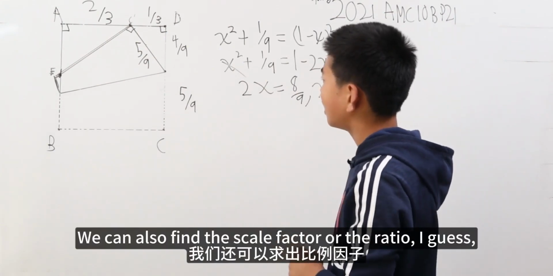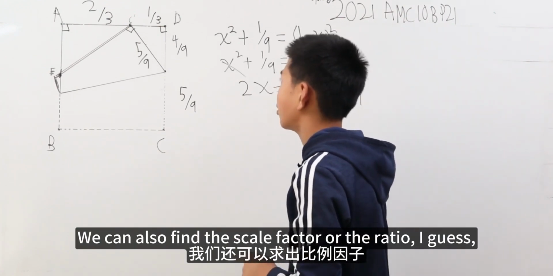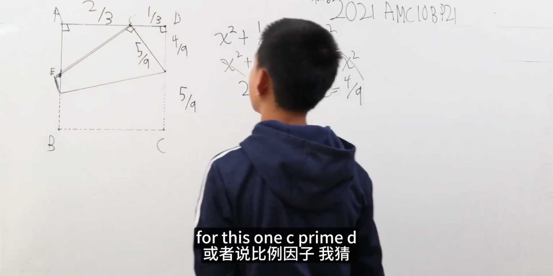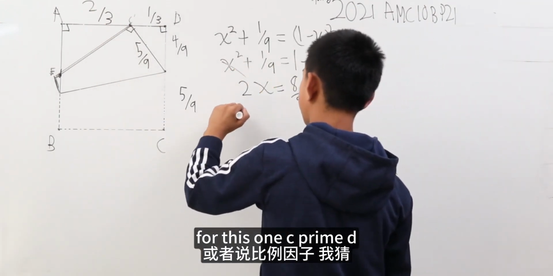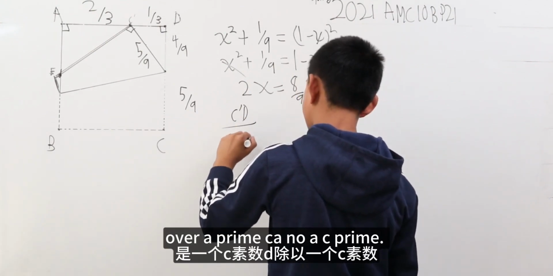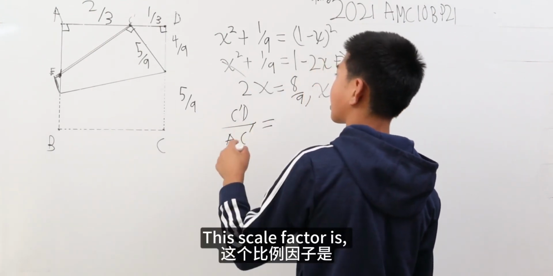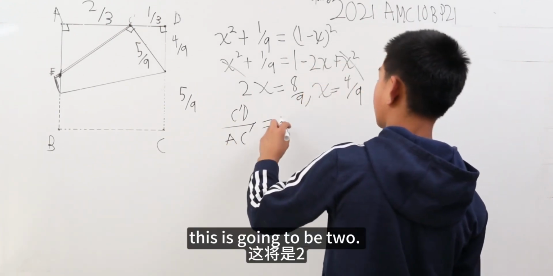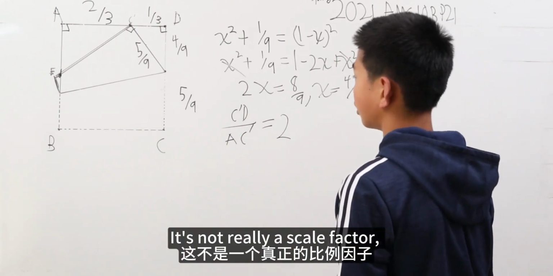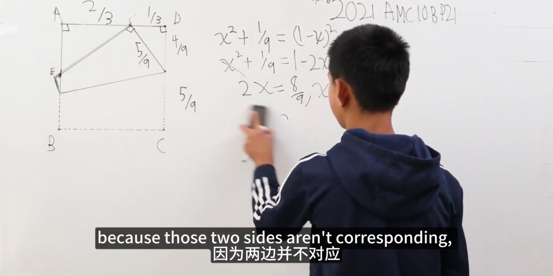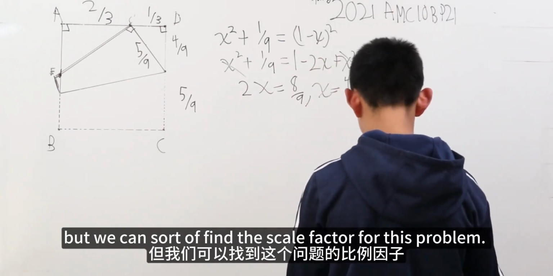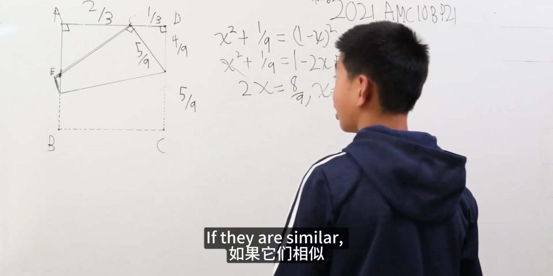We can also find the scale factor, or the ratio, for this one. It's not really a scale factor if the two sides aren't corresponding, but we can find the scale factor for this problem if they are similar.